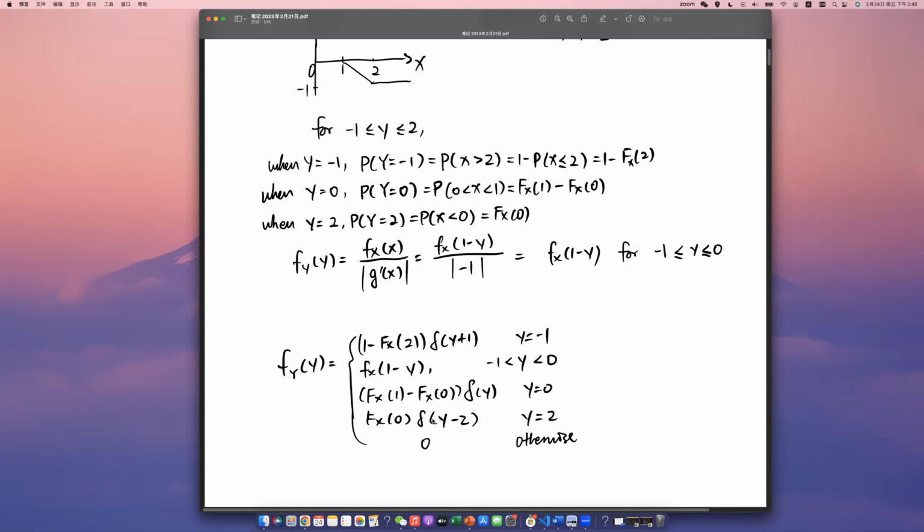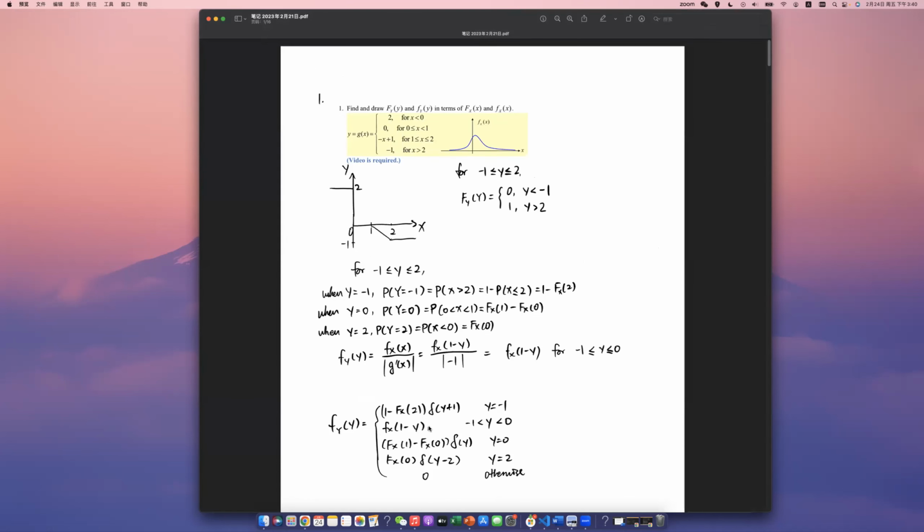So when y equals minus 1, f_Y equals 1 minus F_X(2) times the impulse function of y plus 1. And we can see for y between minus 1 and 0, it is f_X(1 minus y). This is what we get here, this part.